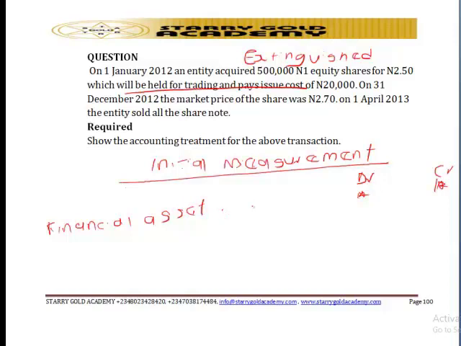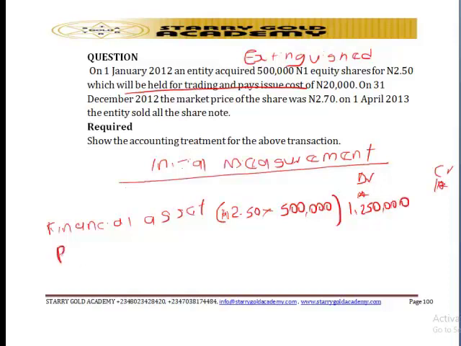Now, what will be the financial assets? Let's punch our calculator. That's 2.50 times 500,000. That's the financial asset that we got. That's 2.50 times 500,000, the number of shares that we got. So to give you 1,250,000.